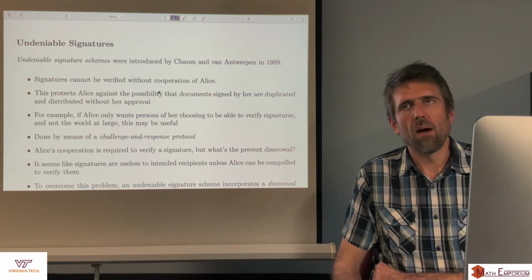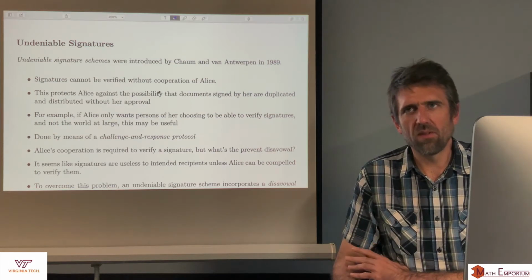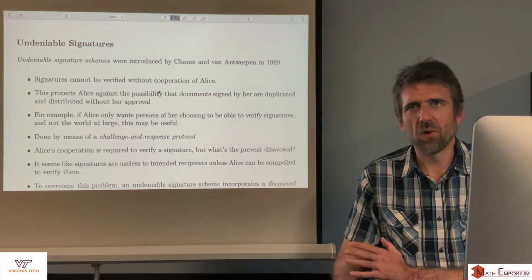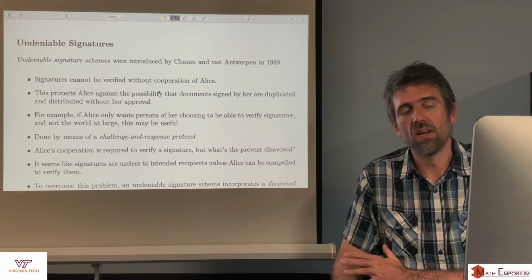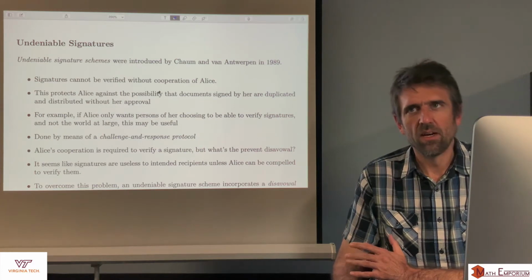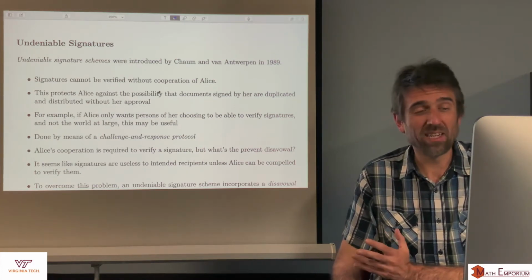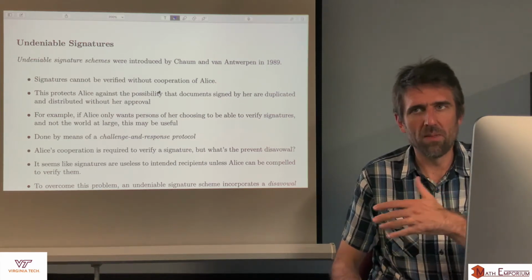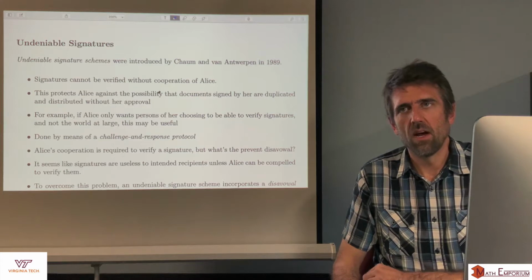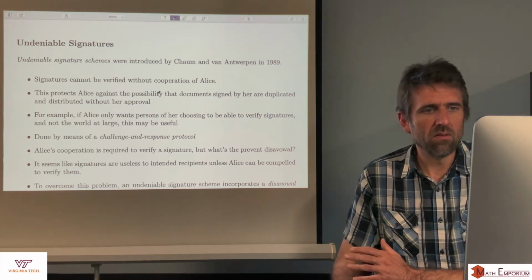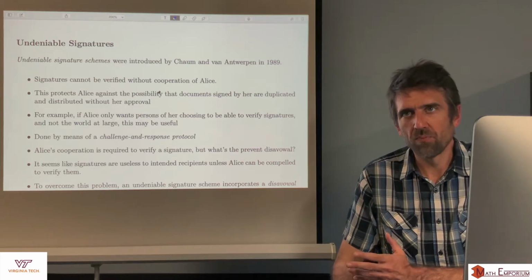However, if we use this paradigm, there would be a potential for abuse by Alice, because Alice could publish a bunch of signatures that may actually be valid, but then refuse to confirm them at a later date. So what we need with these undeniable signature schemes is also a disavowal protocol.